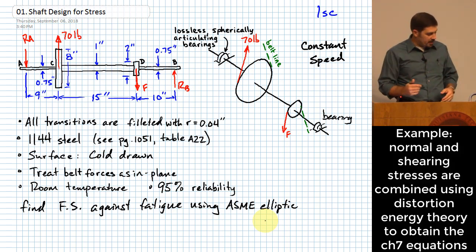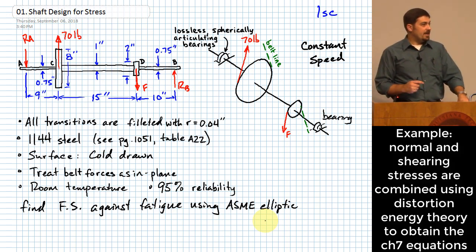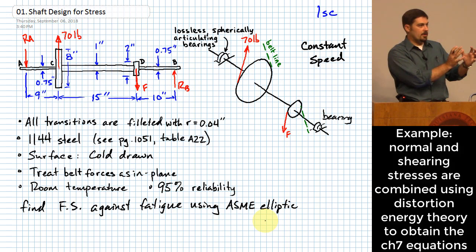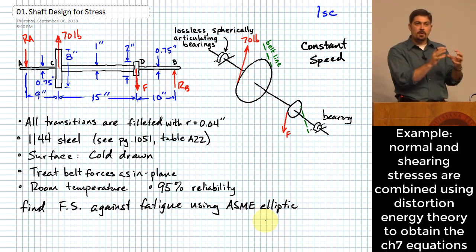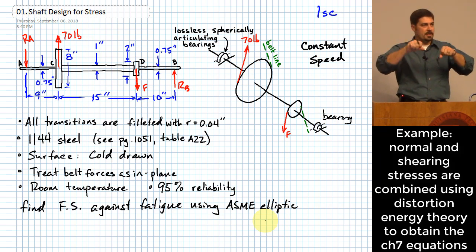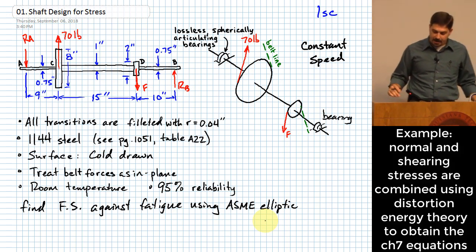And so that's why each of these is labeled like DE-Goodman or DE-ASME elliptic, right? It's mentioning that it's using the distortion energy criteria, which is covered in chapter 5, to do the combination of the two different kinds of stress, the shearing stress due to torsion, as well as the flexural stress.